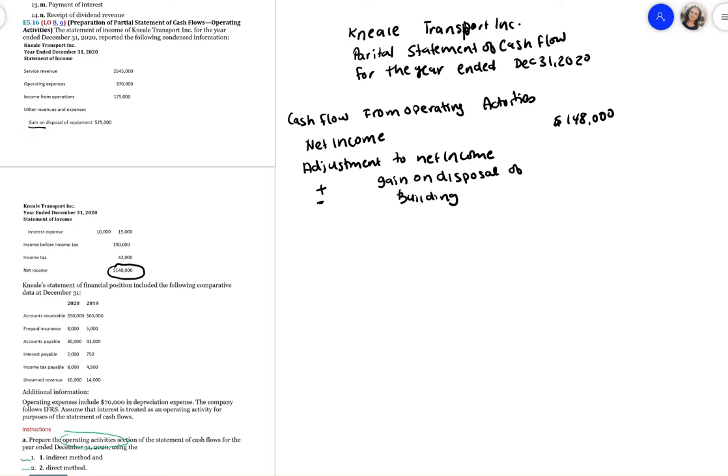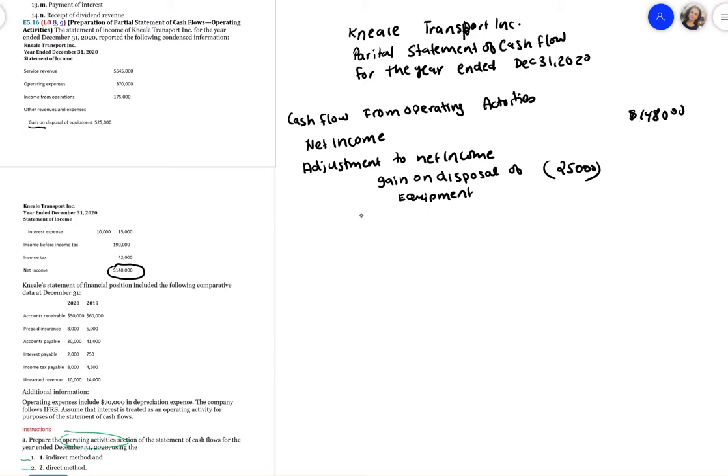No, actually it's not building, it's an equipment. In this case, they told us it's 25,000, and that 25,000 we need to take out. So 25,000 is a minus.